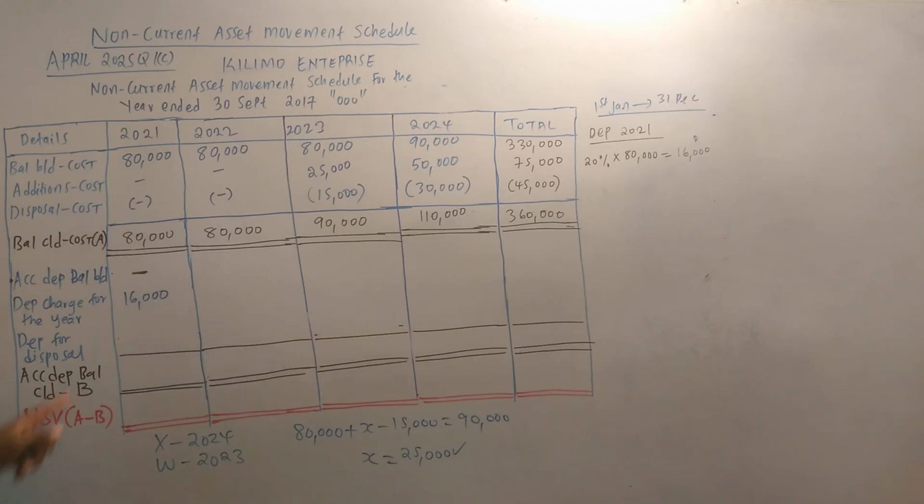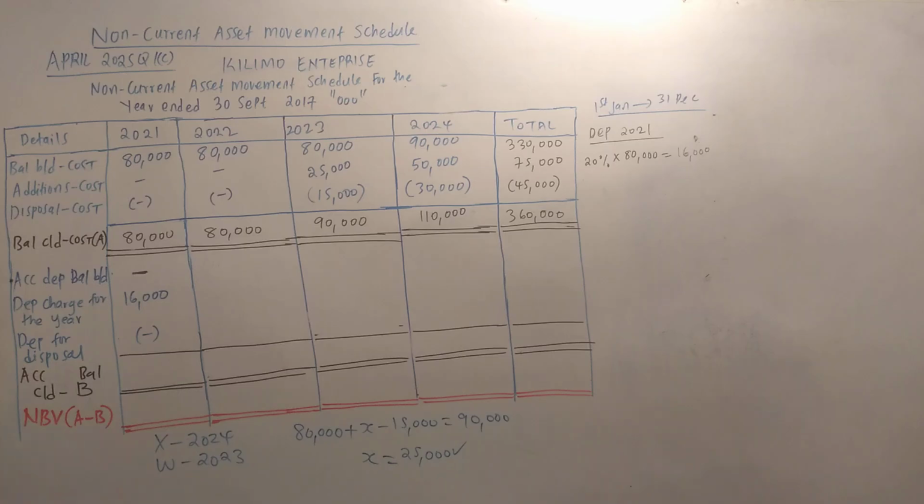Let's look for depreciation for disposal. There was no disposal in this case. So when we want to get the accumulated depreciation, we are supposed to use a different pen. Just a moment.